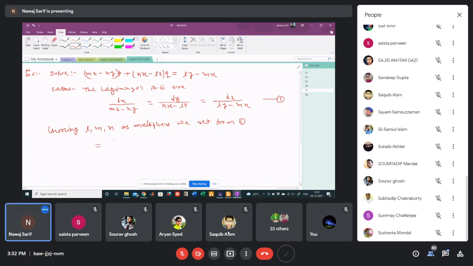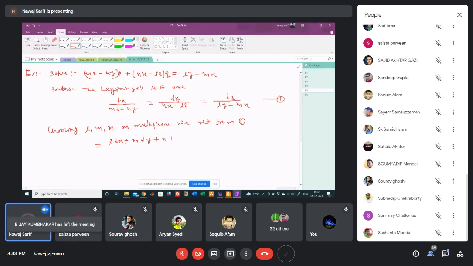This implies l dx plus m dy plus n dz. Multiply the first fraction by l, the second fraction by m, and the third fraction by n, and add them.